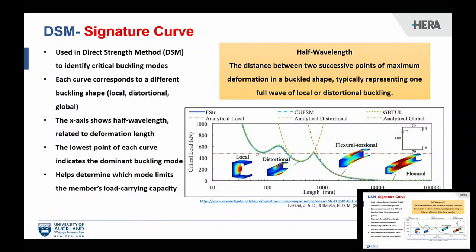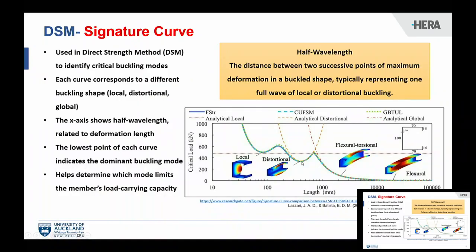The output of the finite strip method is the signature curve that is used to determine the critical buckling loads. The picture on the right side and the bottom of the slide is the signature curve obtained from the CUFSM software.